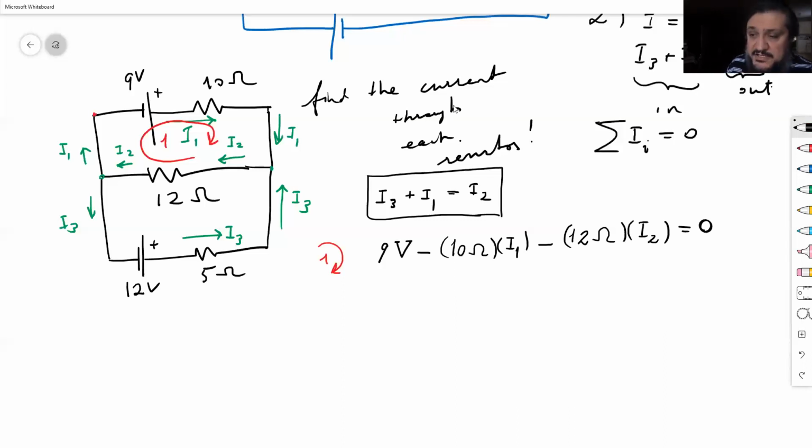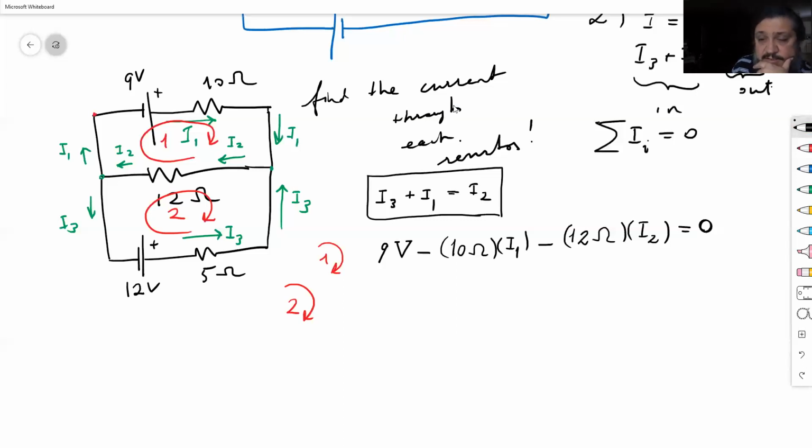And then the third equation. Why don't I pick another loop here? Let's say this is my second loop. Clockwise, counterclockwise, doesn't matter, okay? Just pick something and then stick with it. Don't change it along the way, you'll be fine.